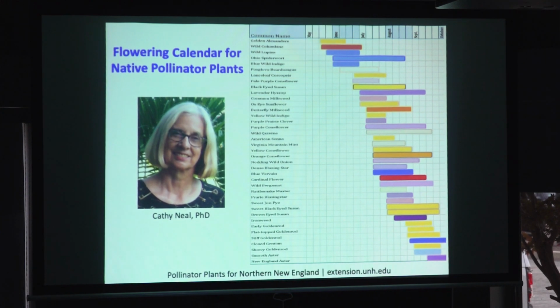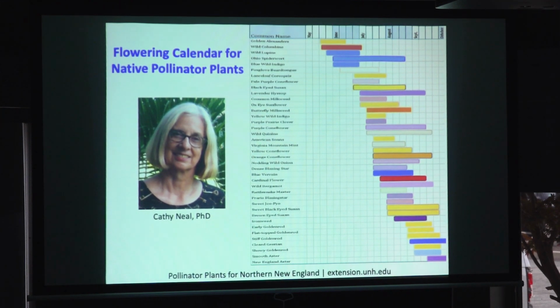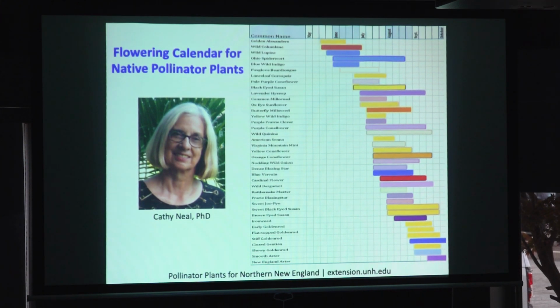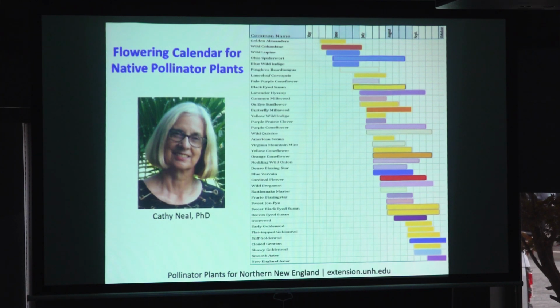But she's giving us this list of the herbaceous plants. If you're planting a wildflower garden, notice all the asters and goldenrods at the end of the year. And those first 6 species I have in my garden, and they have already bloomed: the golden Alexanders, wild columbine, wild lupin, Ohio spiderwort, blue wild indigo, and the foxglove beard tongue.